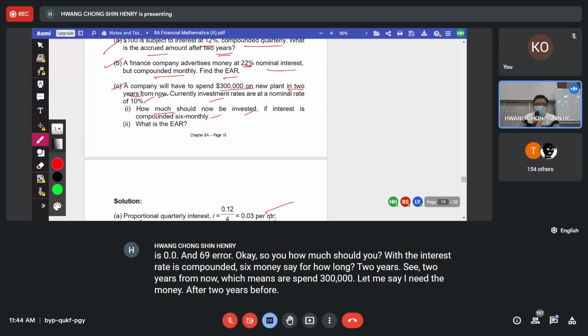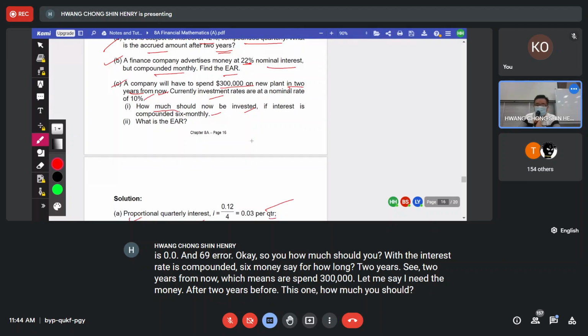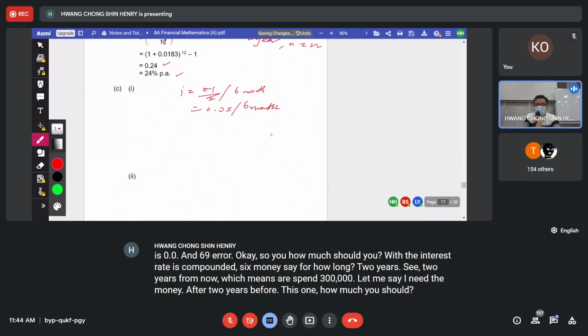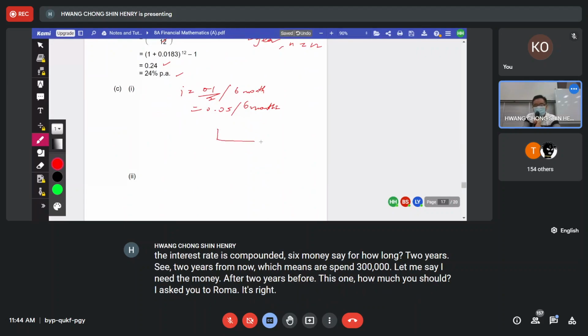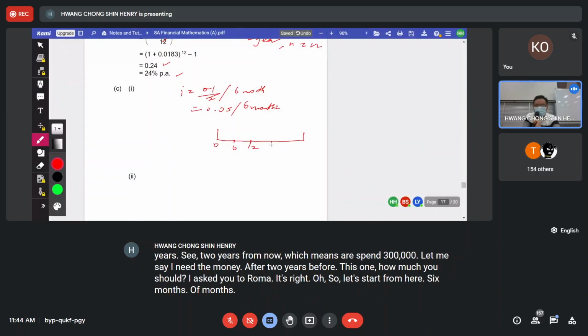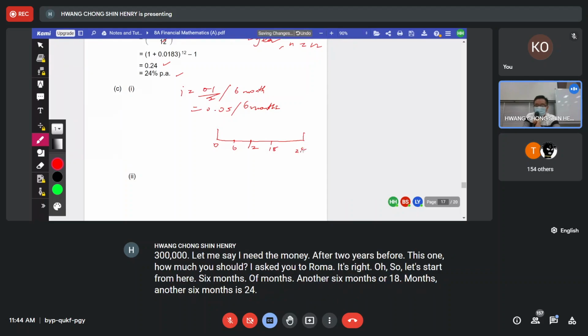How much you should invest, that is the principal. So start from here: 6 months, 12 months, another 6 months is 18 months, another 6 months is 24 months. 24 months means 2 years already.